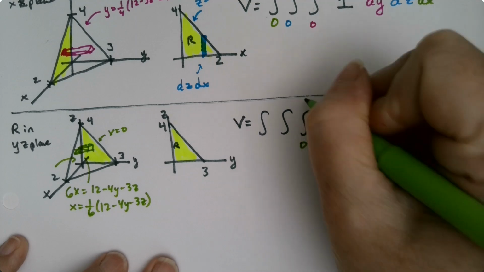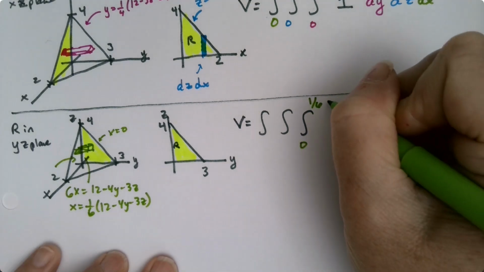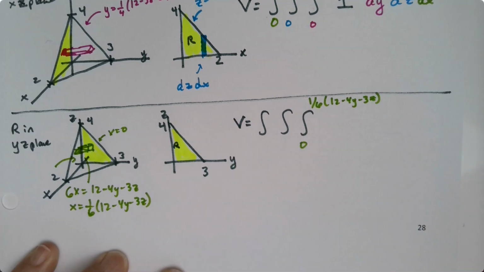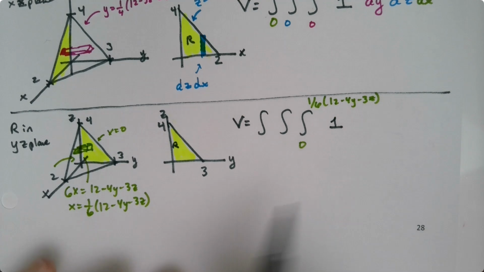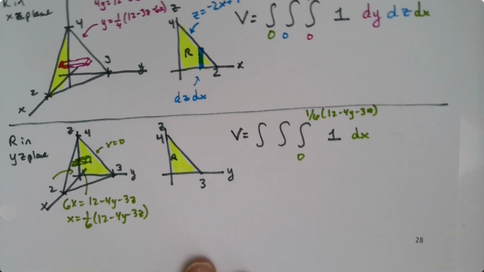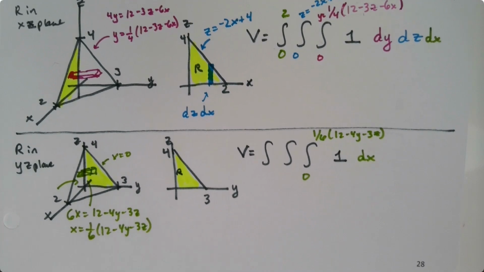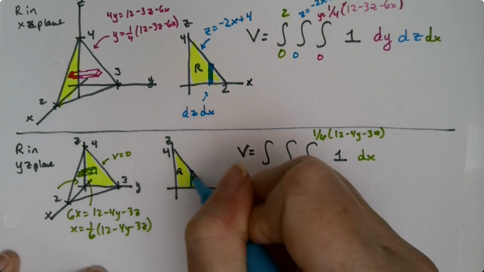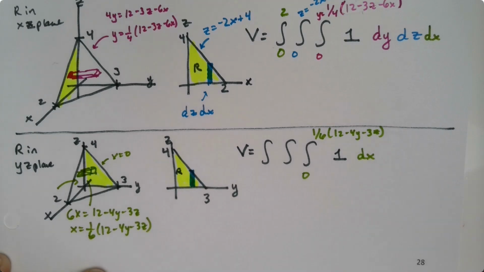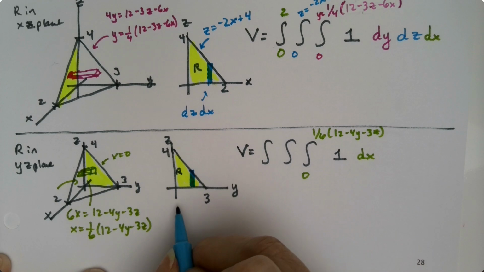So 0 to 1/6 (12 take away 4y take away 3z) of 1. And then we did dx first. And then again, as per usual, it's up to us how we want to orient the last bit. So if we want to do vertical, which is fine, we can do vertical. That would be dz dy.